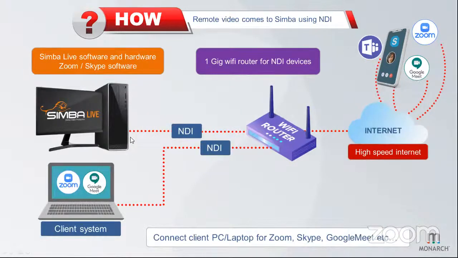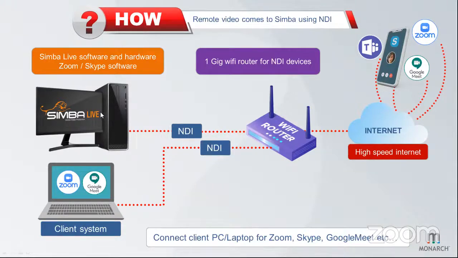Like we talked about the client system as well, it is very important to understand that the client system and the Simba system are both connected to the same Wi-Fi router, same network, and we are able to send and receive streaming data from the client system itself.